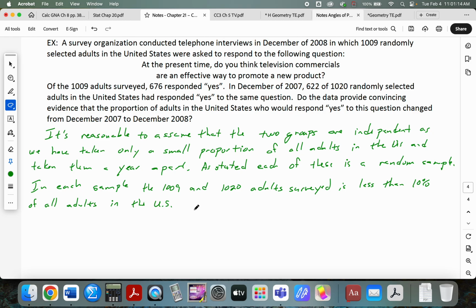All right, so in each sample, we have more than 10 successes, specifically 676 and 622, and more than 10 failures.